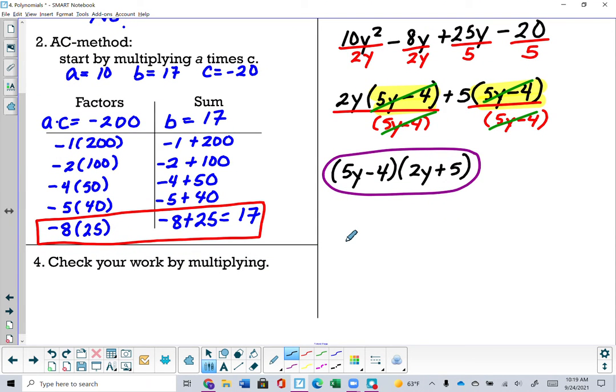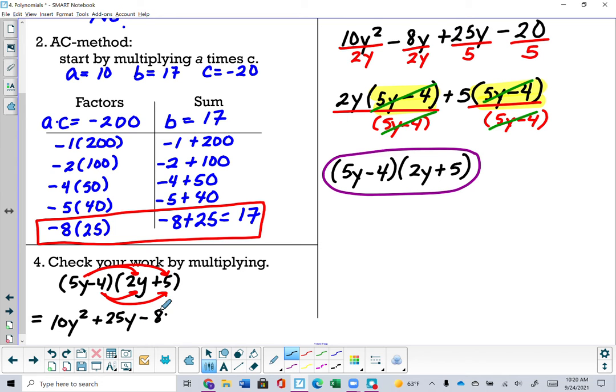Okay, so I'm going to check my work. We have the 5y minus 4 multiplied to the 2y plus 5. So if we FOIL or if we distribute, I'm going to draw my arrows in there. 5y times 2y, that's 10y squared. 5y times 5, that's plus 25y. Minus 4 times 2y, that's minus 8y.